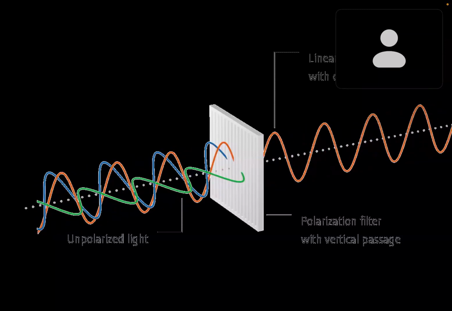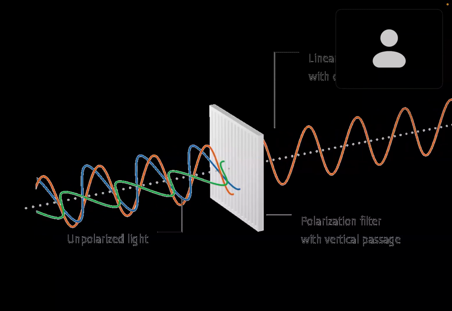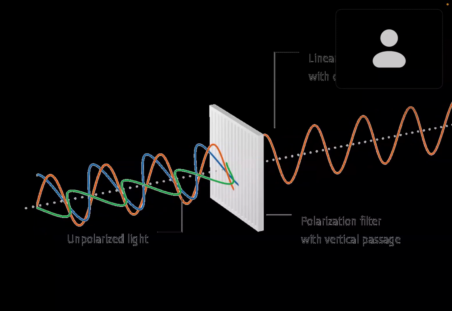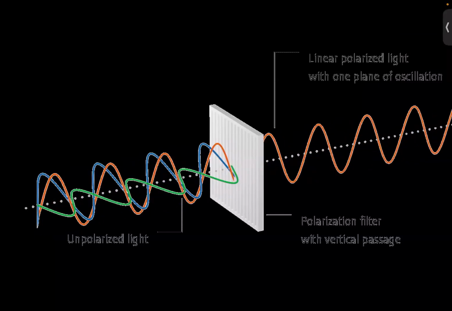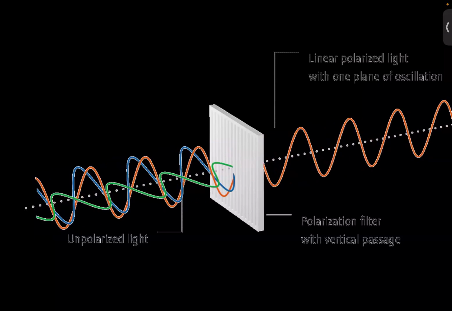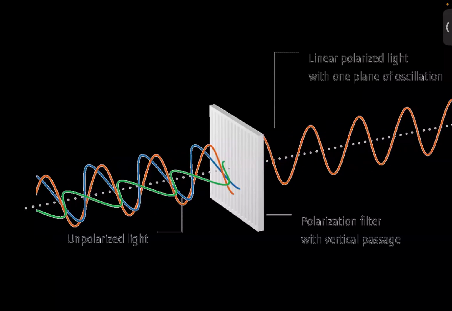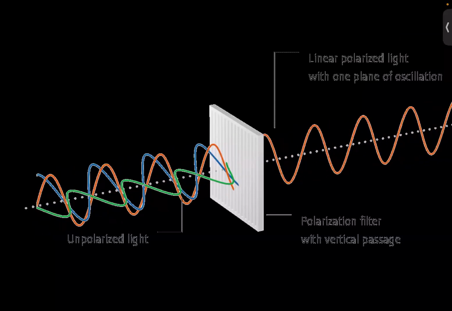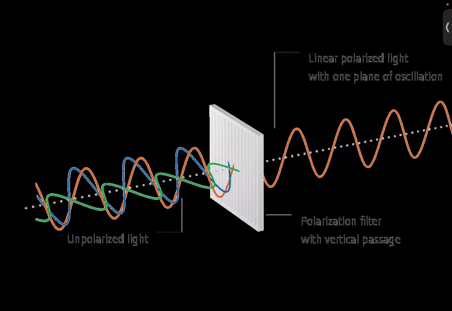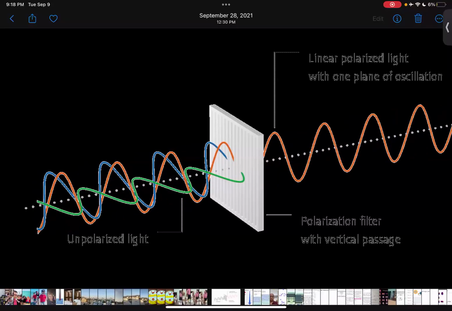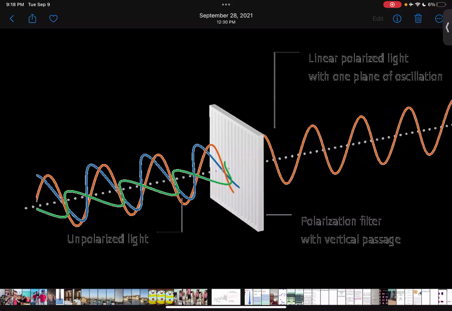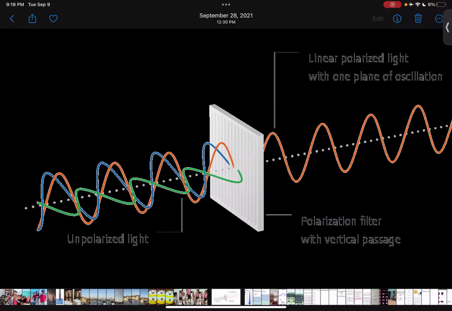So when you put the compound and pass this polarized light through an optically active compound, these light waves get tilted. The plane of polarization gets tilted. So such compounds are known as optically active compounds. Is it clear? Have you understood what we mean by plane polarized light?